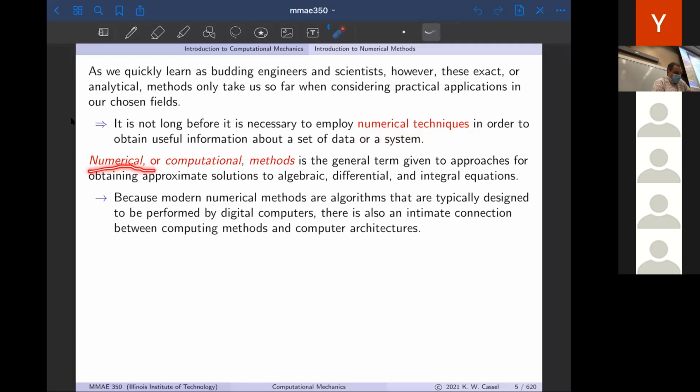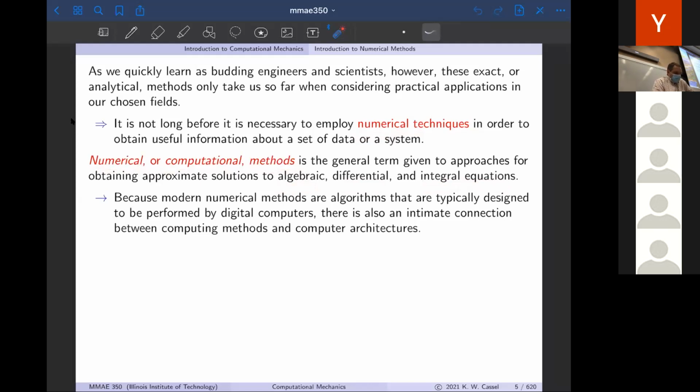So this is numerical methods, or some people call it computational methods. We'll use the two words synonymously or interchangeably. Numerical methods are general ways to find solutions of algebraic, differential, and integral equations. However, that is now being done approximately.